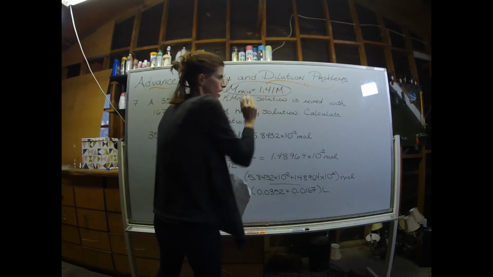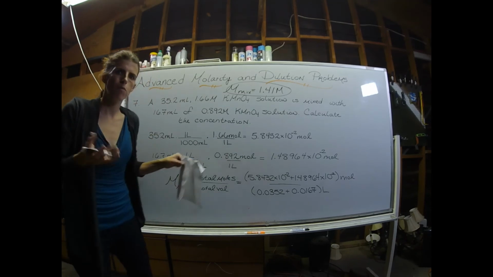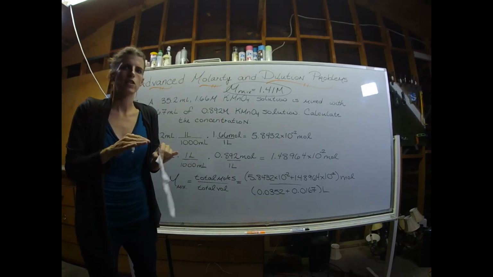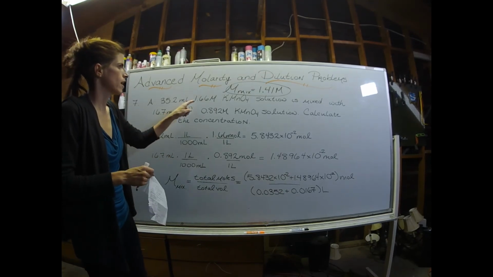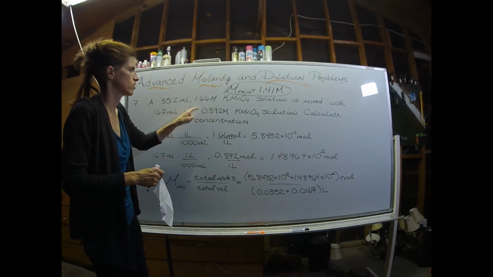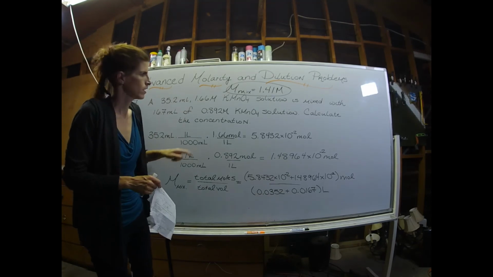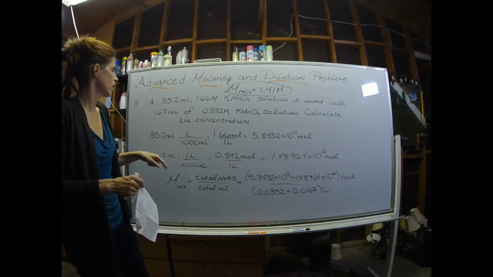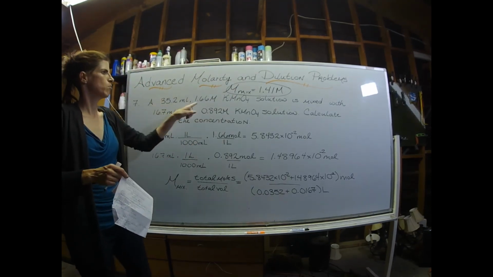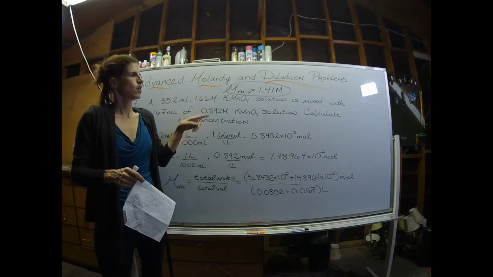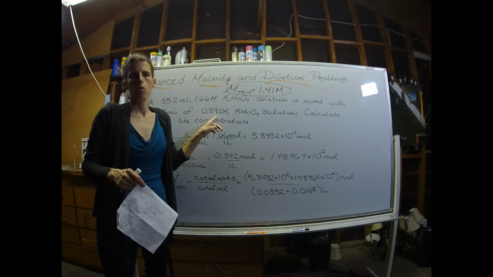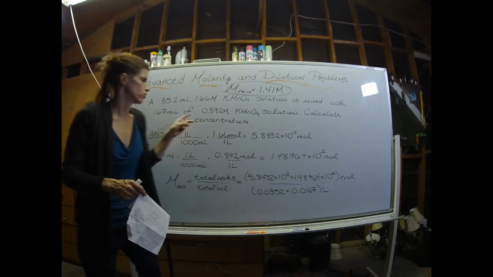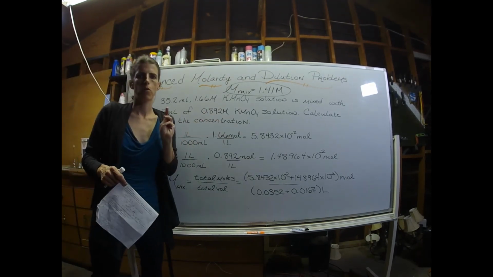We always want to check that value in these types of problems where we're combining two things that already have their own concentrations, and make sure that the resulting concentration is somewhere in between. And it is. Seems reasonable enough, especially because we added more of the 1.66, so that's why it's a little bit higher rather than lower, towards the 0.892. There wasn't as much of that 0.892.